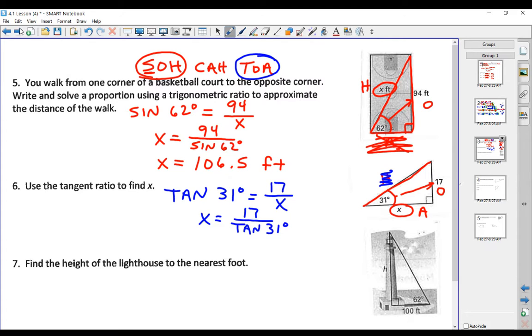Once again, just put 31 in parentheses in your calculator. Make sure you're set on degrees. Once you set it on degrees, it will stay there until you change it, so you won't have to worry about that every time. But if you divide that out, 17 divided by the tangent of 31 degrees comes out to be about 28.3.